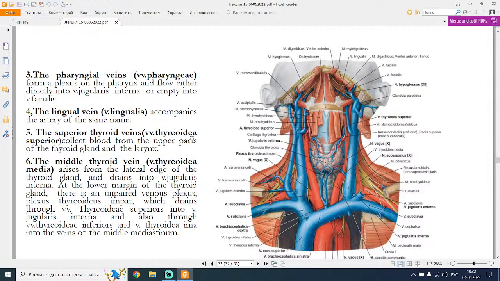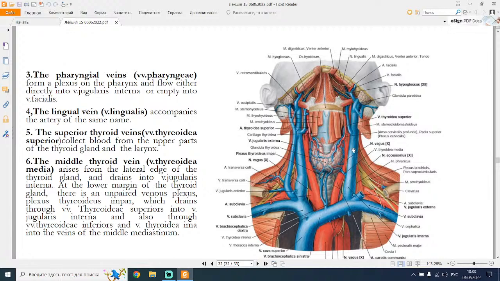Next vein, vena thyroidea superior. It collects blood from the upper part of the thyroid gland and the larynx.